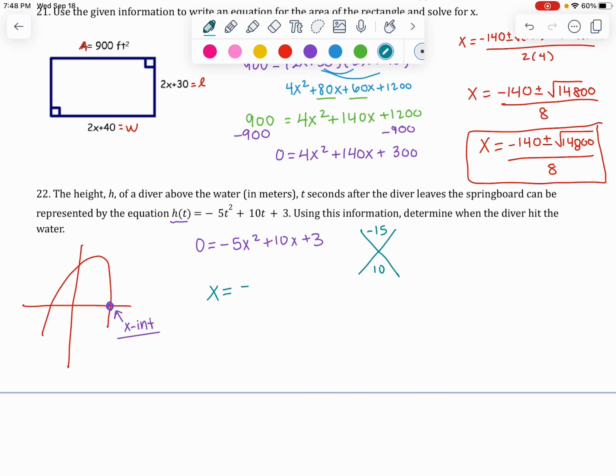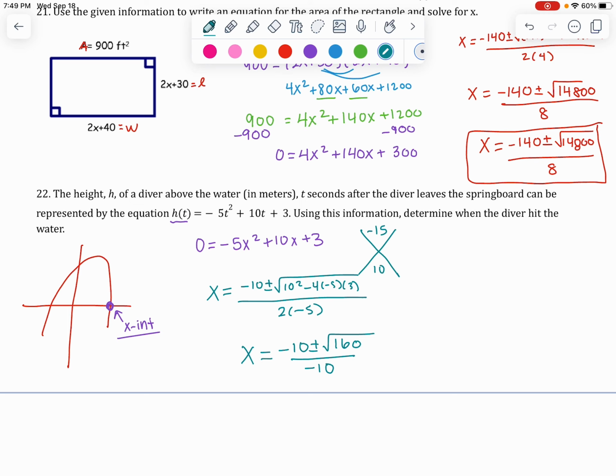All right, so we get negative b plus or minus the square root of b squared minus 4ac all over 2 times a. I'm going to use my calculator, so I get x equals negative 10 plus or minus the square root of 10 squared minus 4 times negative 5 times 3, and I get 160 over negative 10. 160 is not a perfect square.